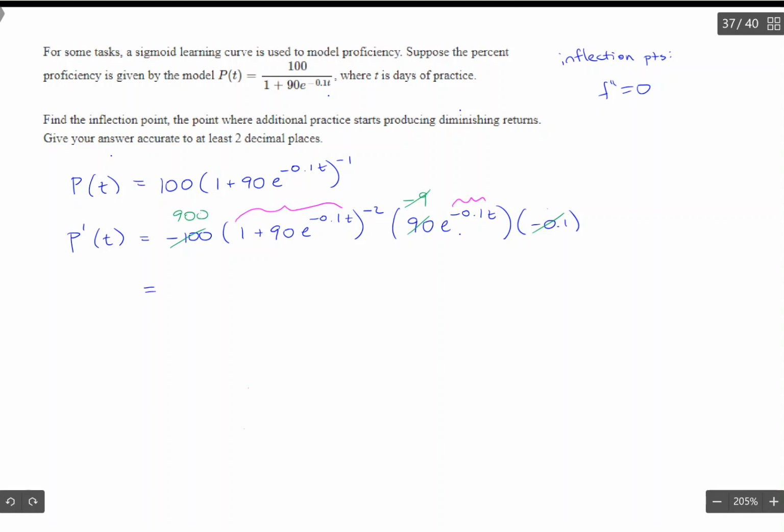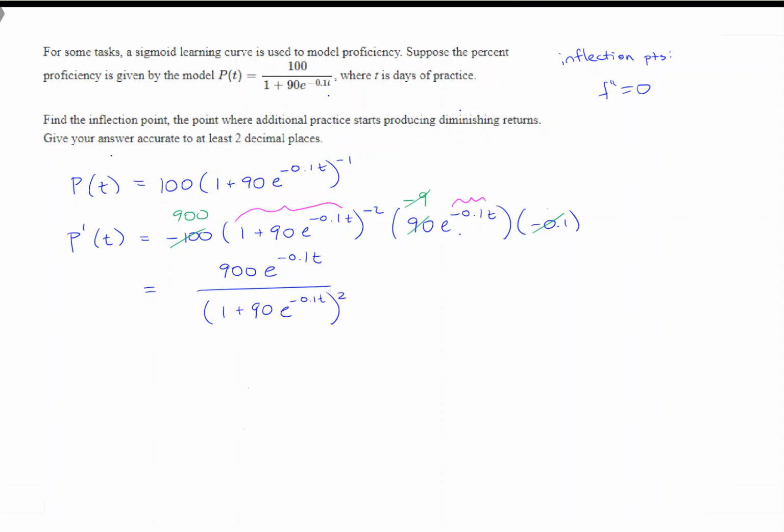So that means I have 900e^(-0.1t) in the numerator, and that's going to go over (1 + 90e^(-0.1t)) squared in the denominator. And I'm just rewriting that square as a positive exponent, bringing it into the denominator.